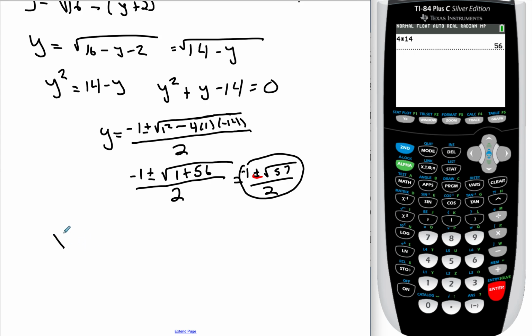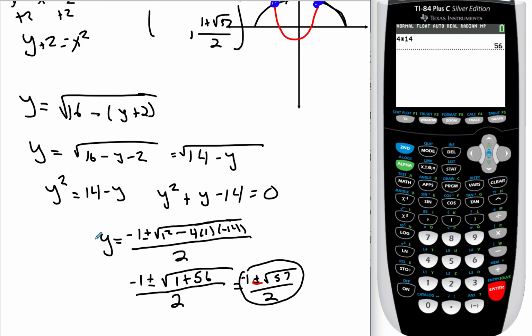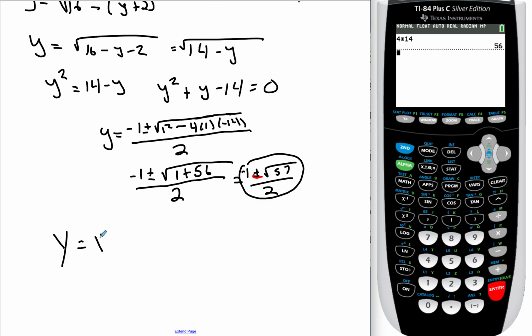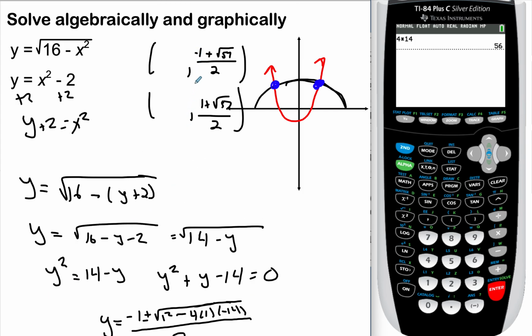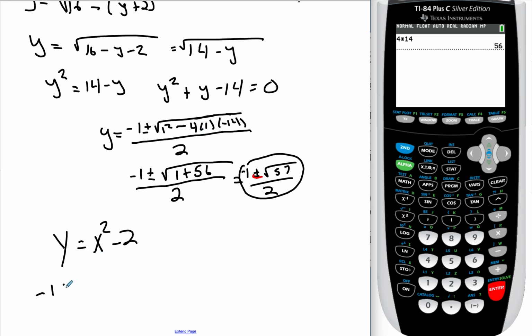So we know y equals x squared minus 2. So here's what we need to do. Y is 1 plus root 57 over 2. I need to make sure we have the positive there. So now what I do is, again, I'm going to multiply both sides by 2 because I don't like fractions there. 1 plus square root of 57 equals 2x squared minus 4.